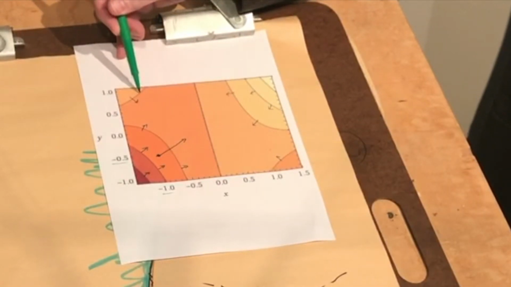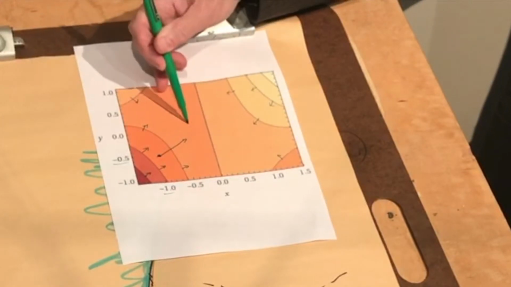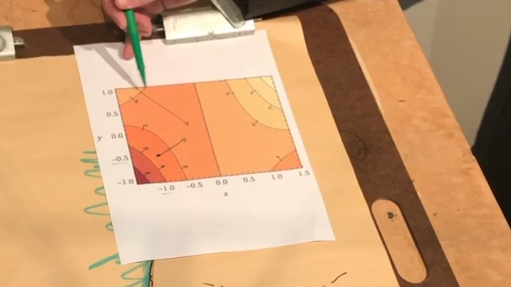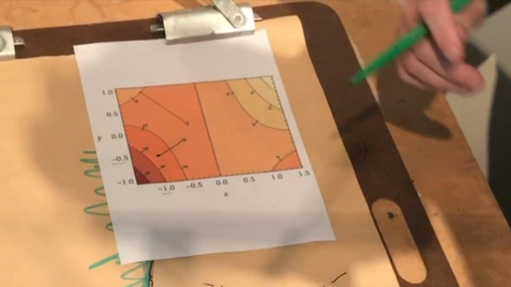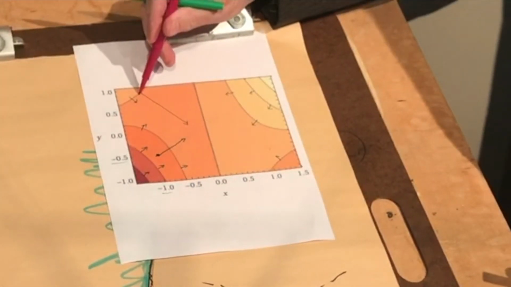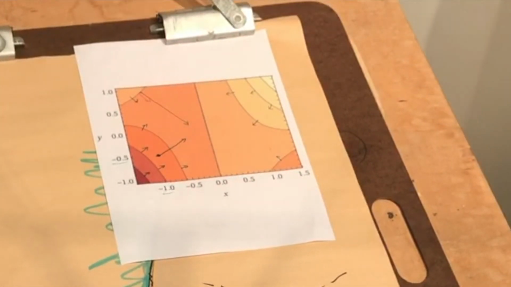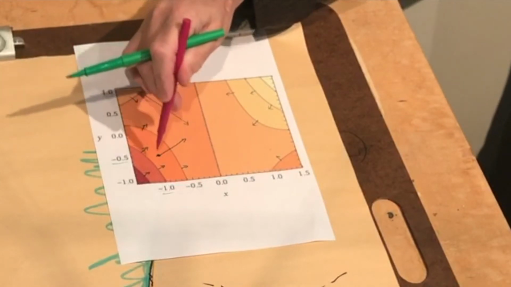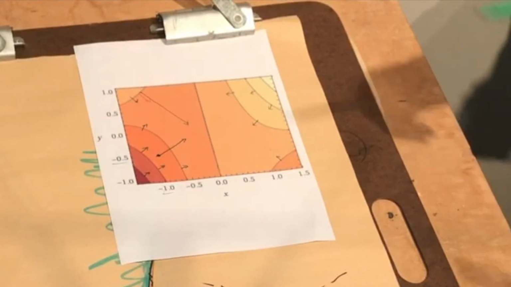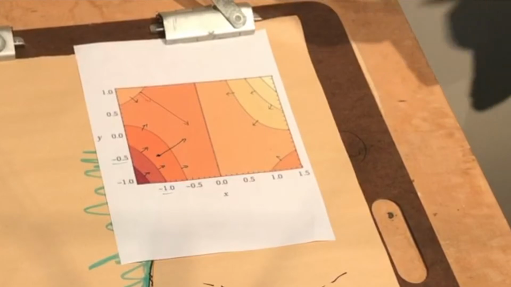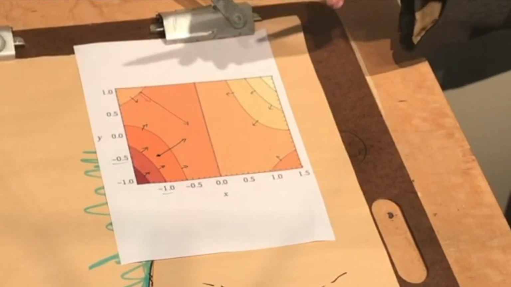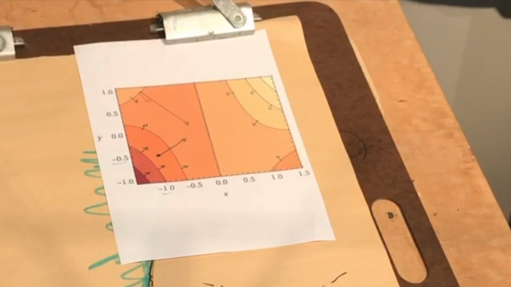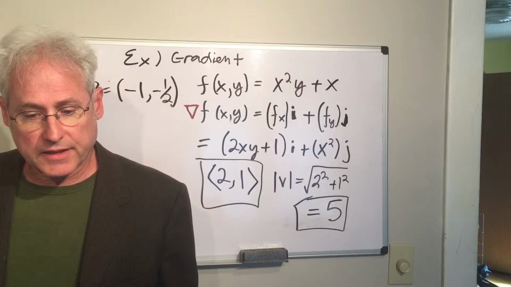Sometimes it looks really messy if you put the magnitude of the vector lines there, so a lot of times they'll just make them different colors. So this would represent that color, but you get the idea. It's all perpendicular to the contour lines. It is the direction of steepest ascent, where your function changes fastest in the positive direction.